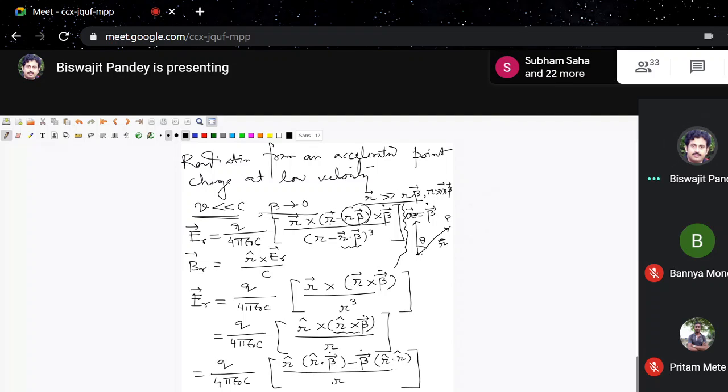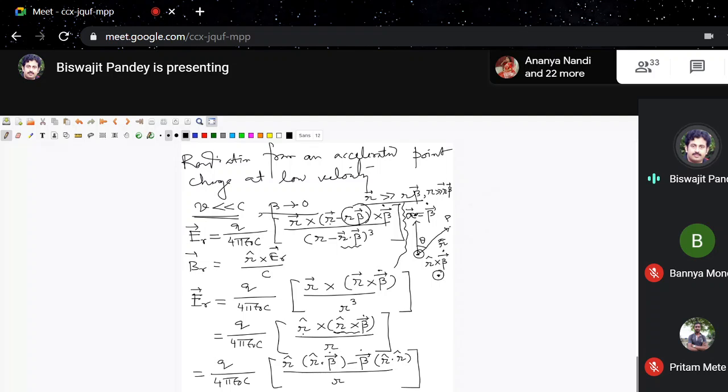Perpendicular to the page or the screen here. R cap cross beta dot is perpendicular to the page, right? And then you take a cross product of that vector with R. So what will be the direction of r cap cross beta?